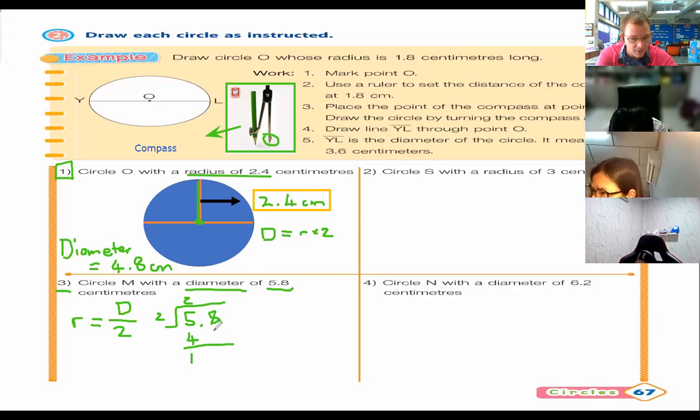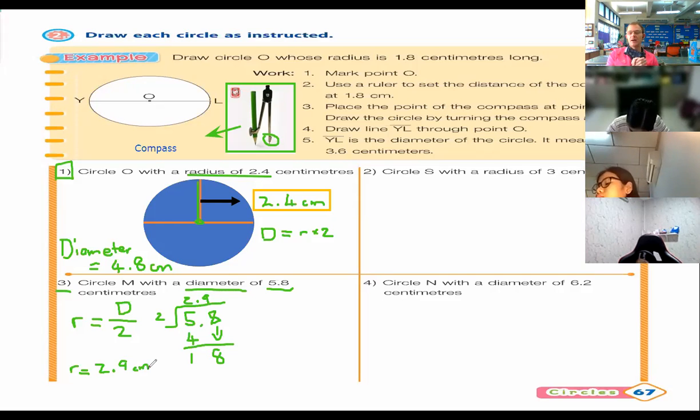Bring down our 8, which gives us 18. 18 divided by 2 is 9. And remember to add back the decimal point. So our radius will equal 2.9 centimeters.